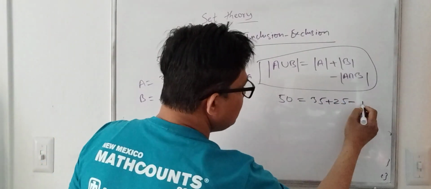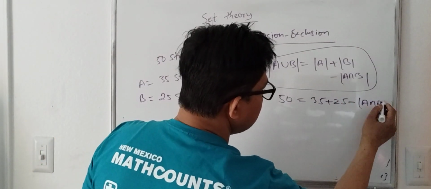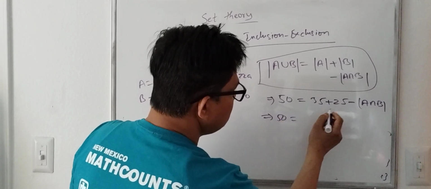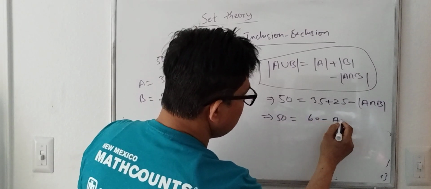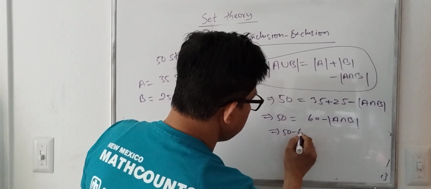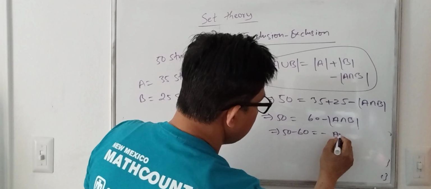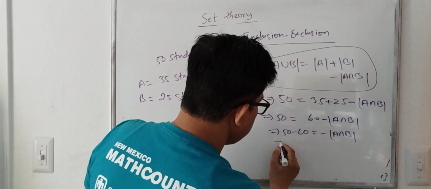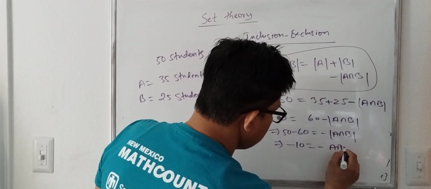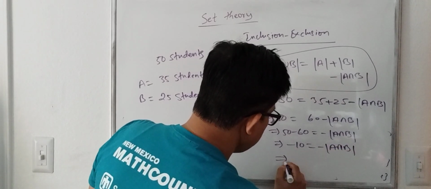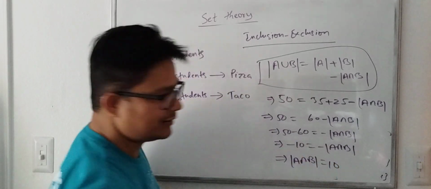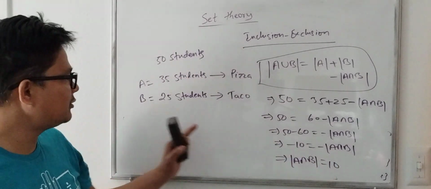So both means A intersection B. So let's see. 50 is equal to 60 minus A intersection B. So 50 minus 60 is minus A intersection B. So minus 10 is equal to minus A intersection B, which means A intersection B is 10. Got it? So how many students like both? 10.